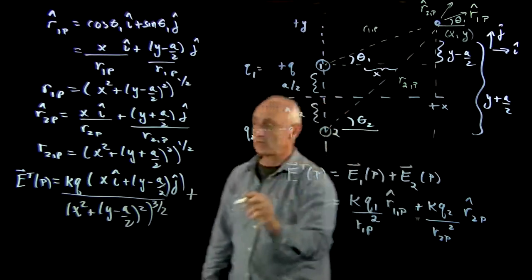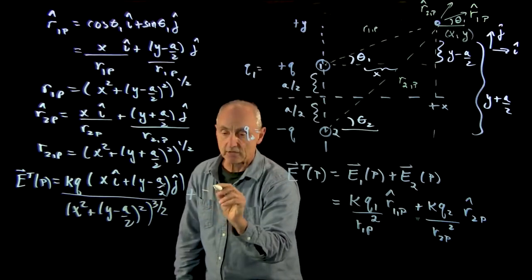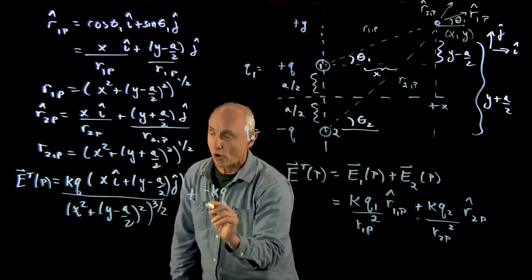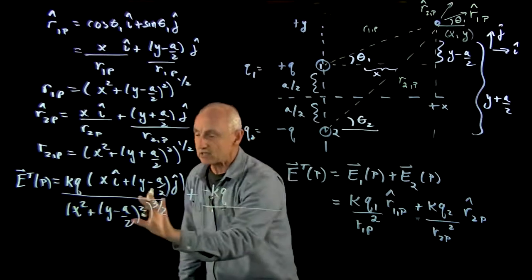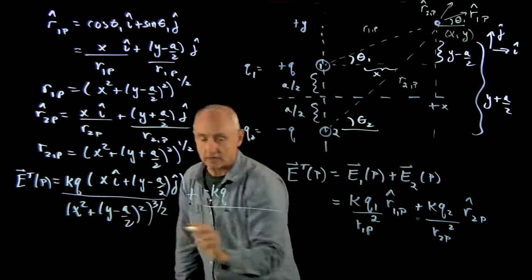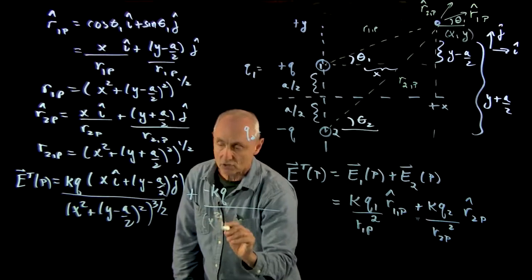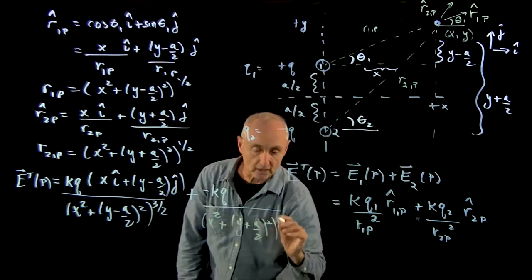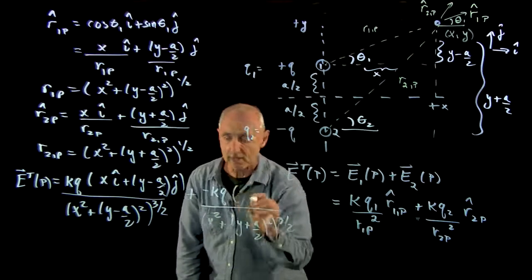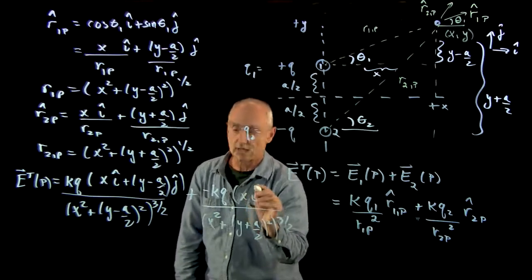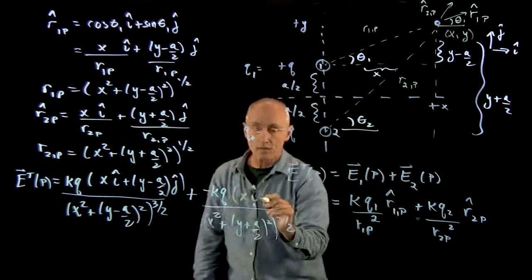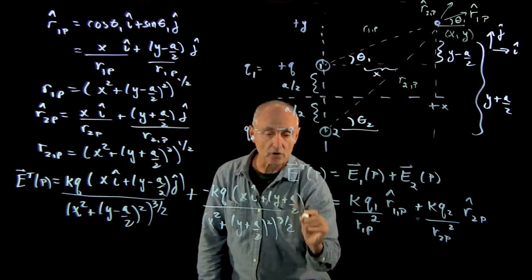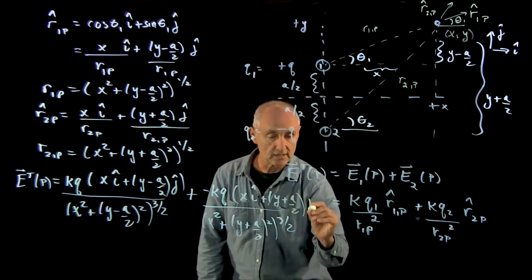And now we have to add in the other term. q2 is negative, so we have a negative kq over, and everything is the same except for this sign here. So we have x squared plus y plus a over 2 squared, again to the 3/2 power, and the vector x i hat plus y plus a over 2 j hat.